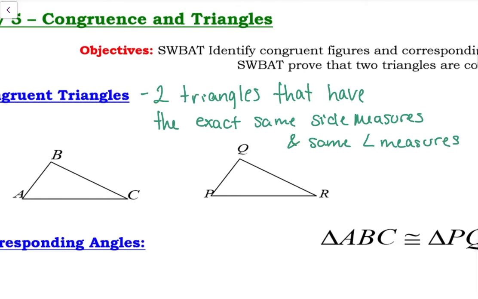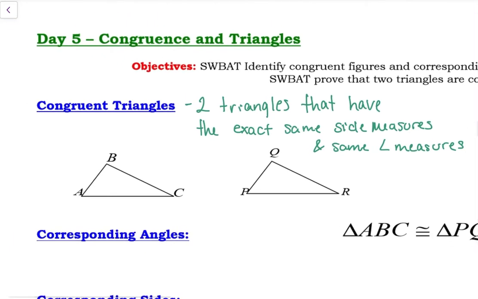So all of their angles are the same and all of their sides are the same. So the word congruent, we've used that before. Congruent means the same. So the congruent triangles are two triangles that are the same.